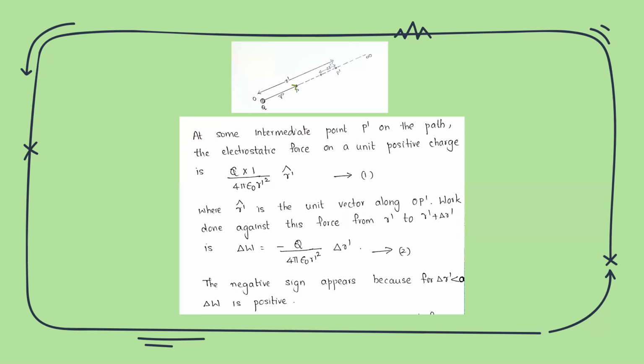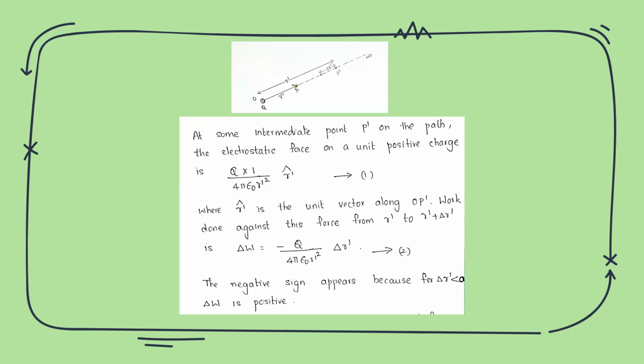Therefore, the force between capital Q and plus 1 coulomb, that is the electrostatic force, that is Coulomb's force, is equal to capital Q into 1 by 4 pi epsilon naught r dash square into r dash cap. Let it be equation number 1. r dash is the distance of the point P dash.